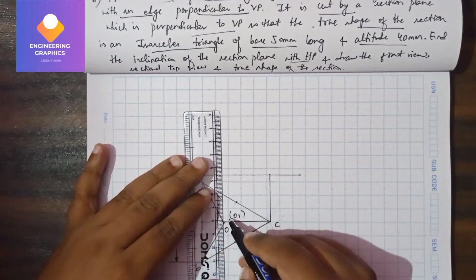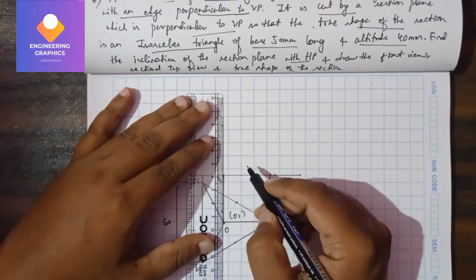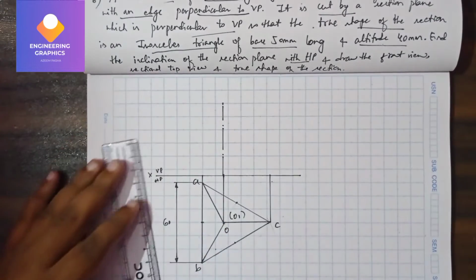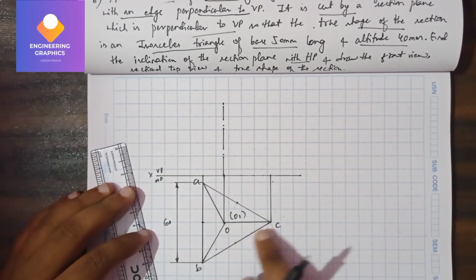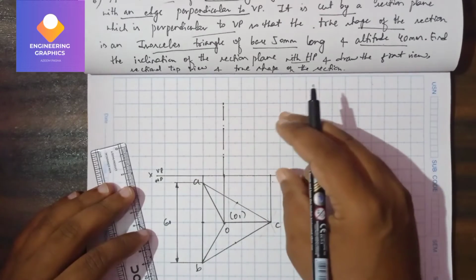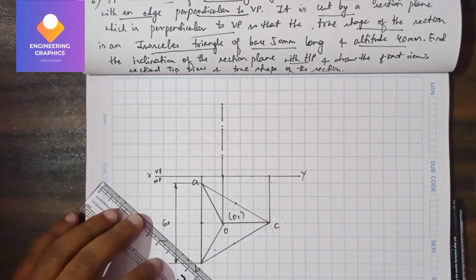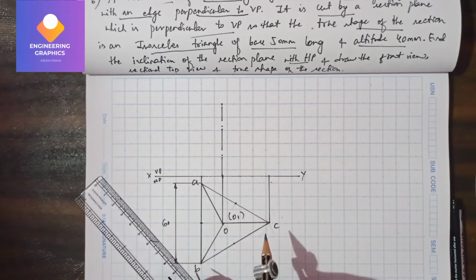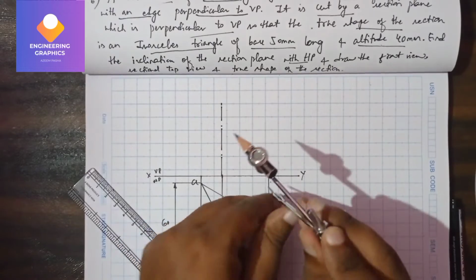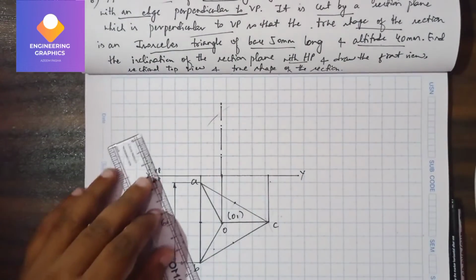Now draw the projection lines to complete the front view. In the tetrahedron problem they will not give the axis length. Instead of it, you have to use this OC length. Here it is parallel to XY. That means from here we have to cut the arc for 60. Already we have measured the arc for 60, so take 60 arc and cut it.